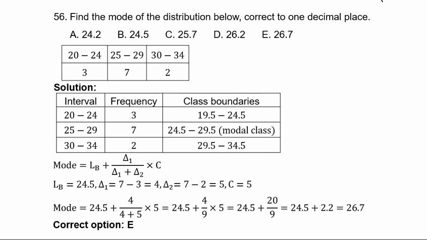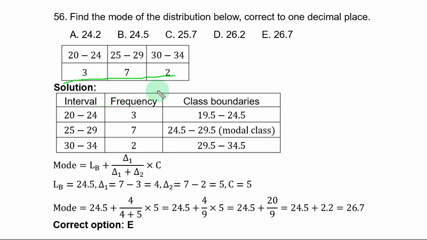Question 56. Find the mode of the distribution below correct to 1 decimal place. The distribution is grouped data, so you have the interval, then you have frequency.